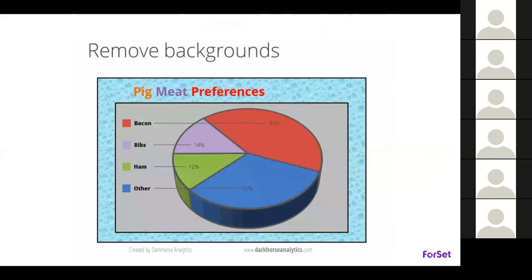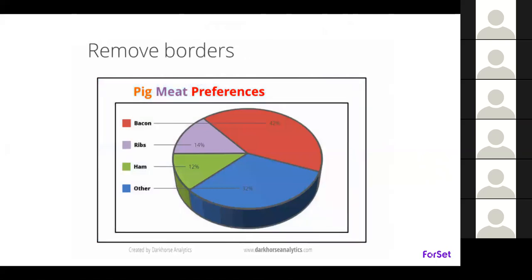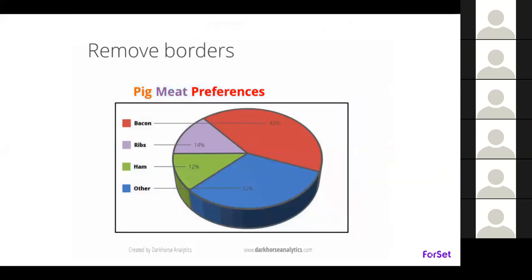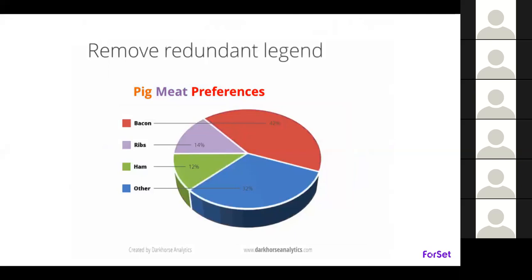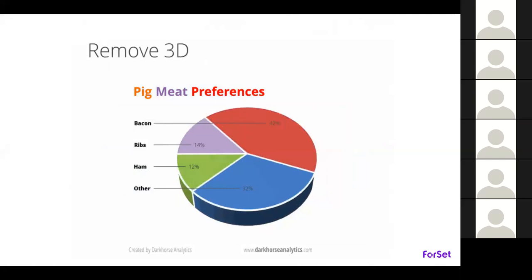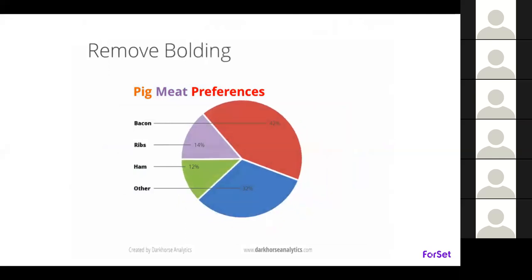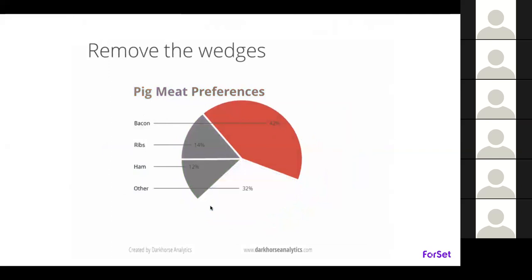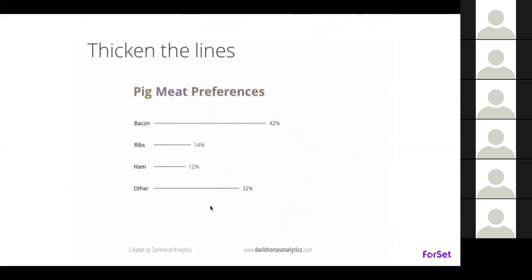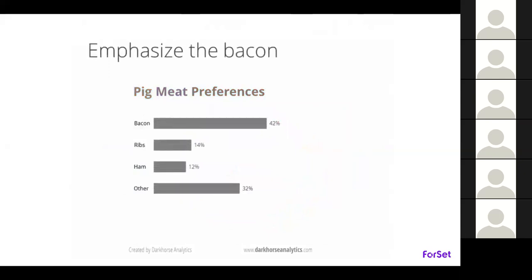So by first of all converting the 3D pie chart into 2D, and then making the colors disappear and the borders disappear, and taking the values closer to the labels, we convert the 3D pie chart into a bar chart, and we get a much cleaner chart, which is more effective.